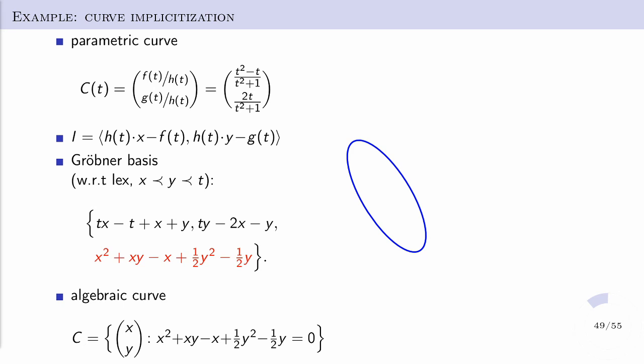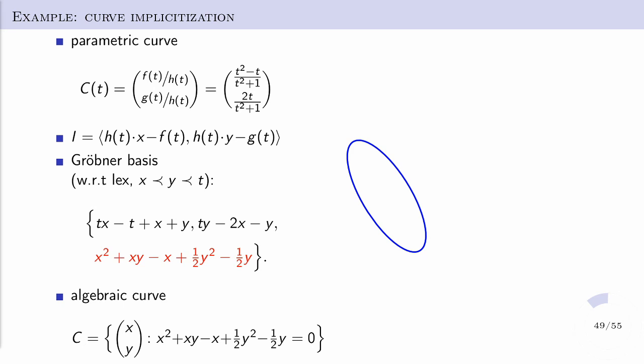This shape then needs to be converted to algebraic representation to analyze it, to check whether it is correct, whether it does not contain any singular points and things like that. And in this example, I will show you how to apply Grobner basis to curve implicitization, to changing the representation from parametric to algebraic, to implicit representation.